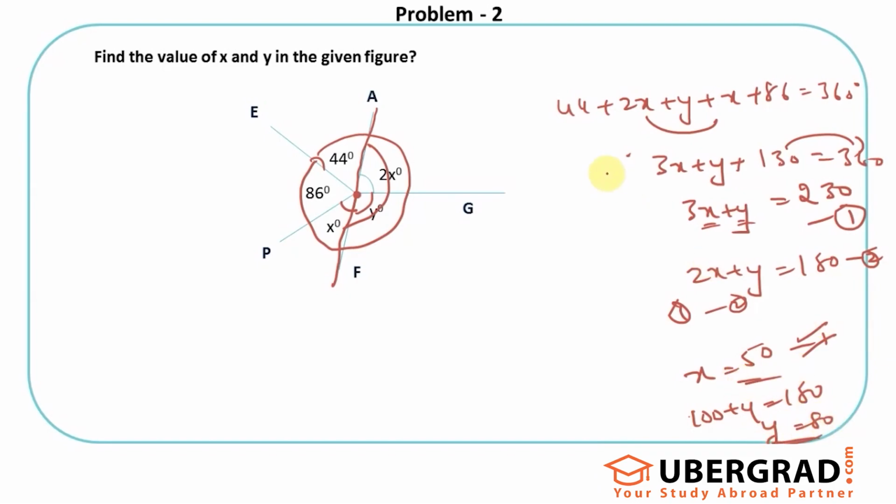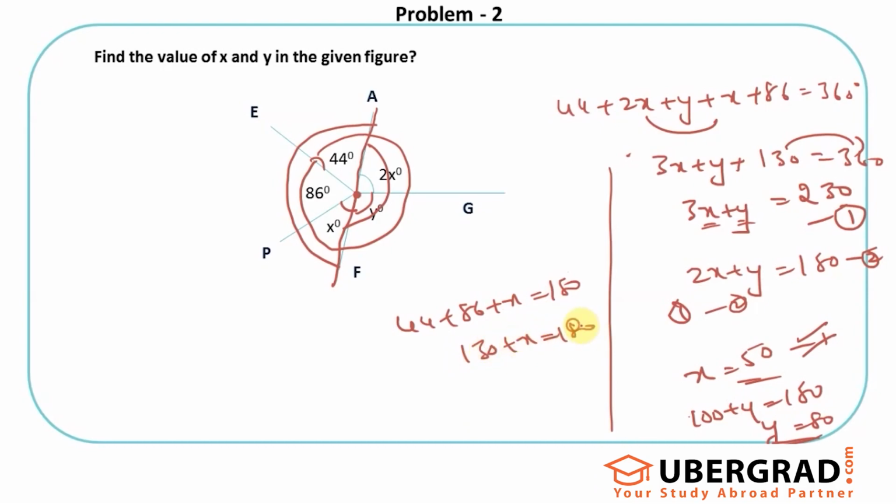This is all fine. Other way is, instead of this, what I'll do is this. AF is a straight line. So let me make this as 180. So 44 plus 86 plus X is 180. So 130 plus X is 180 and X is 50. Once I know X is 50, this is 50, this is 100.